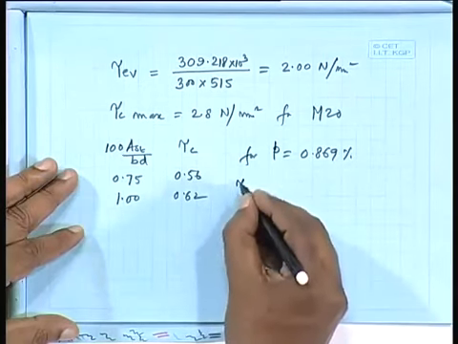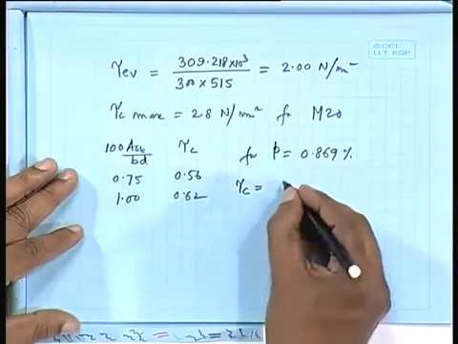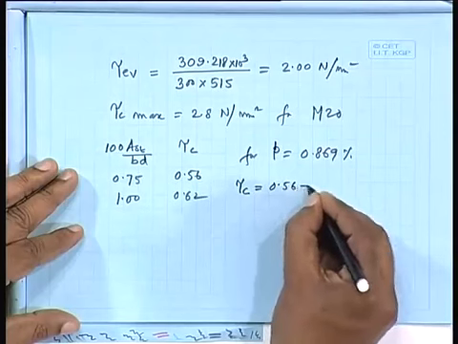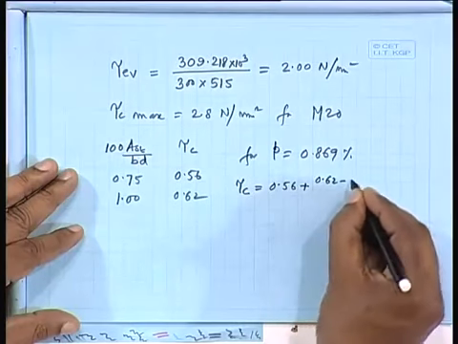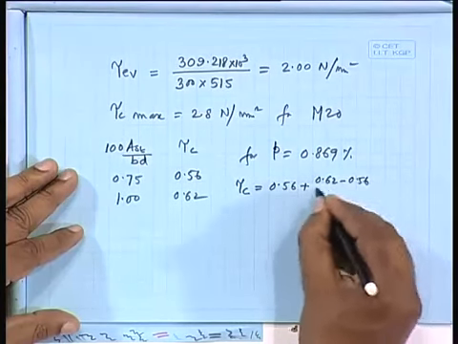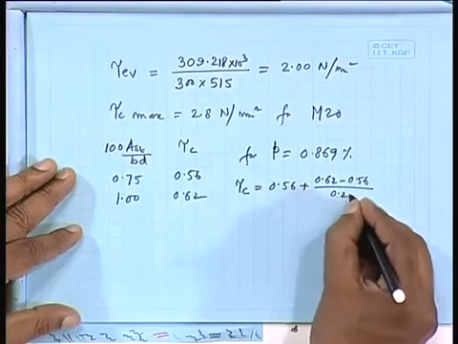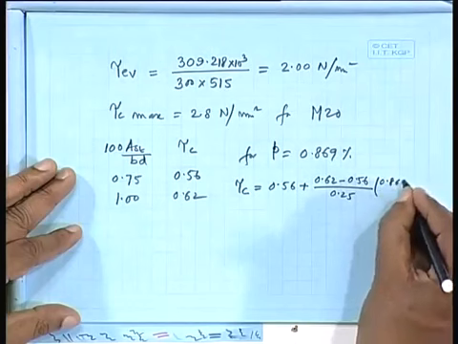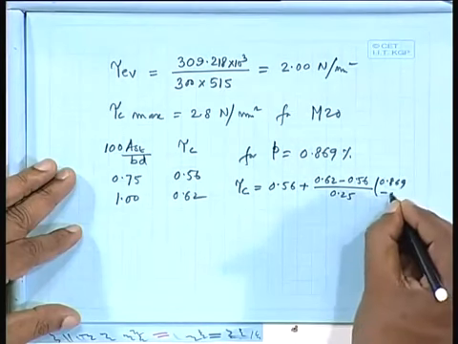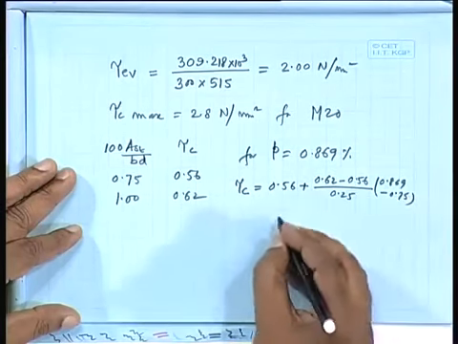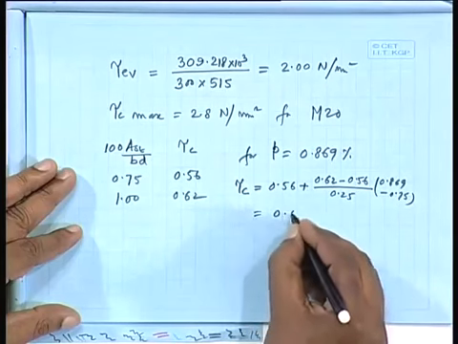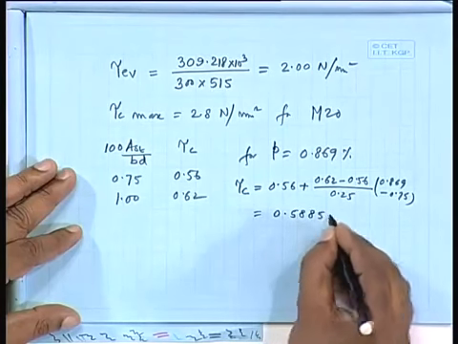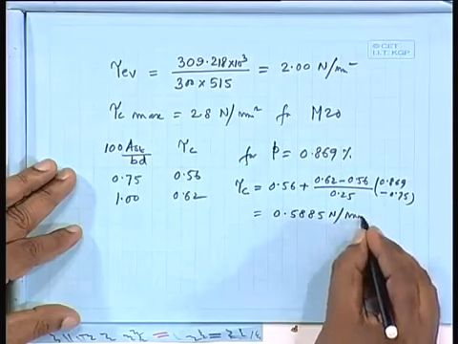So tau C, that is permissible, 0.56 plus 0.62 minus 0.56 divided by 0.25 times 0.869 minus 0.75 comes as 0.5885 Newton per square millimeter.